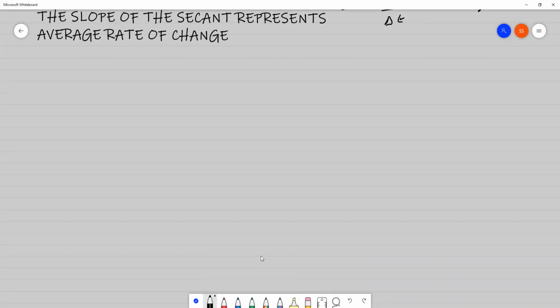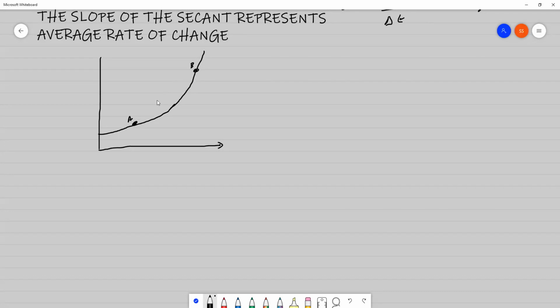So let us take the same example. Earlier, A was here and B was here. When we tried to find the rate of change from A to B, we drew a secant here.